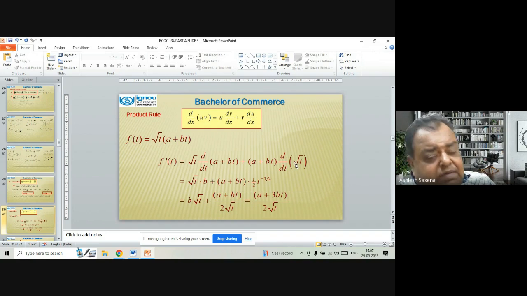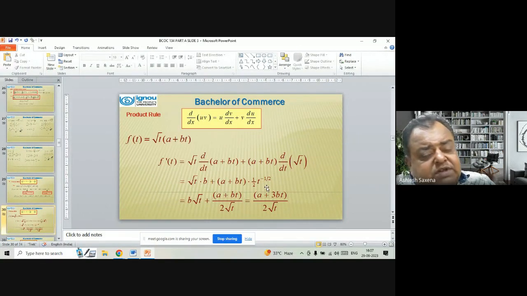While differentiating it, we will get 1 by 2 t raised to the power 1 by 2 minus 1. That means it will be minus 1 by 2.